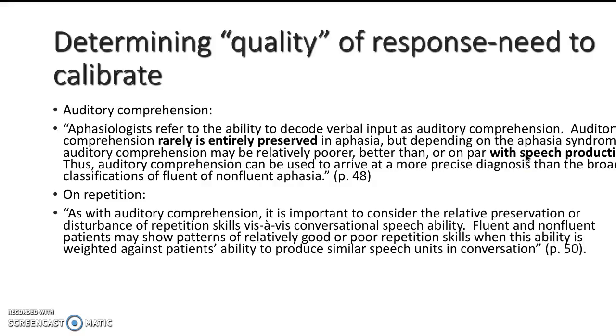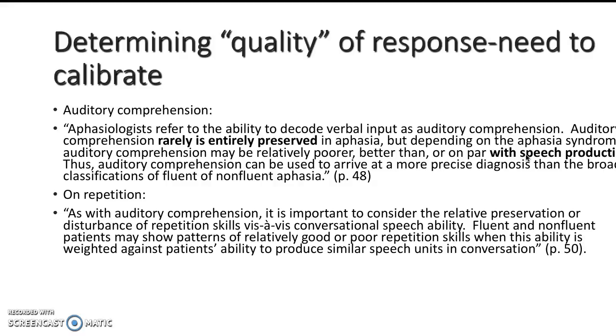So this is your ability to encode language. This is your ability to say things. So your ability to understand, if it's less than what you can say, your auditory comprehension is relatively poor. If what you say is less than what you auditorily comprehend, then your auditory comprehension is relatively good.